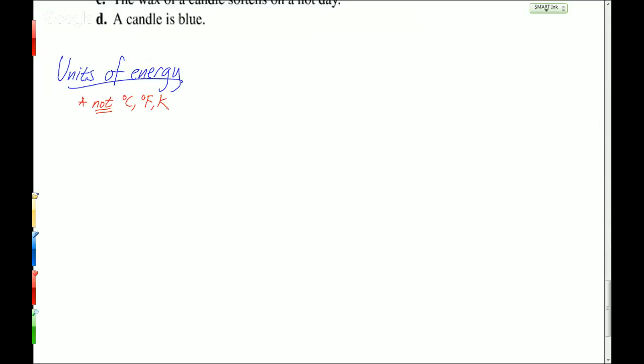Does anybody know some energy units we measure energy in? Calories is one. Another one is the joule, capital J. You know any other ones?